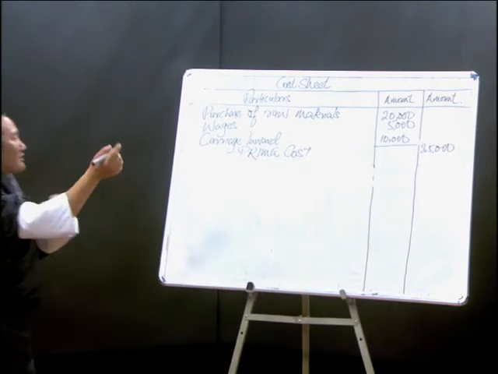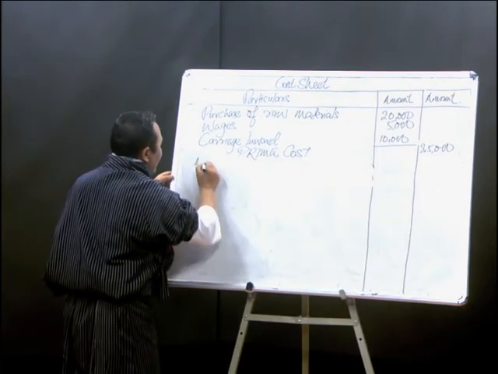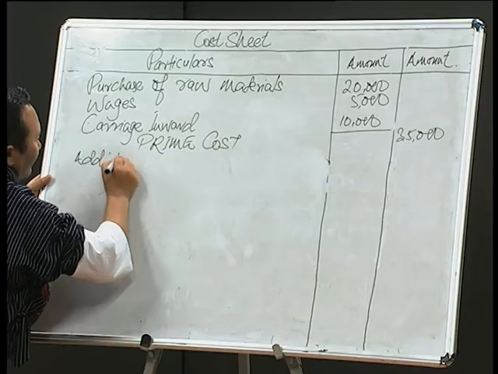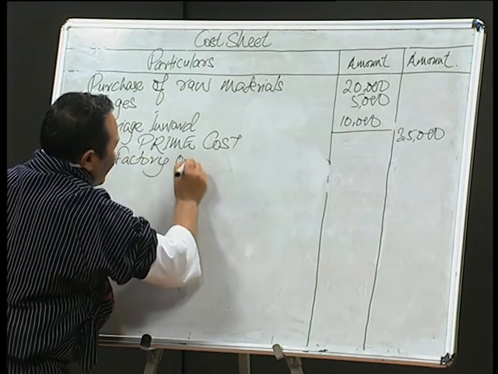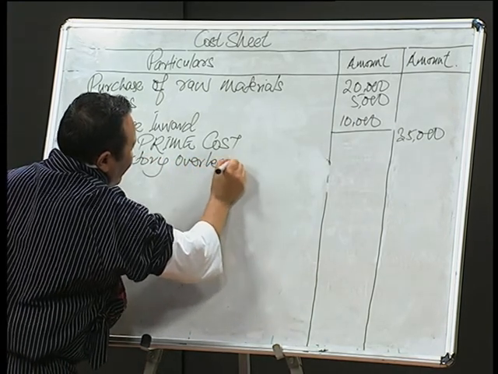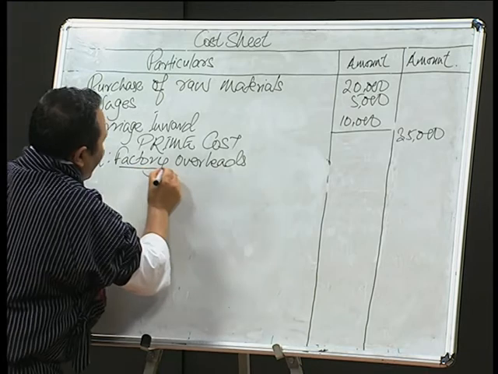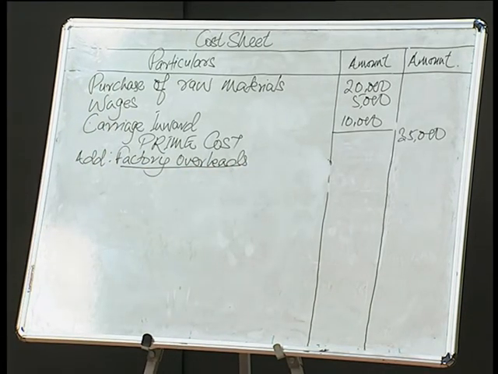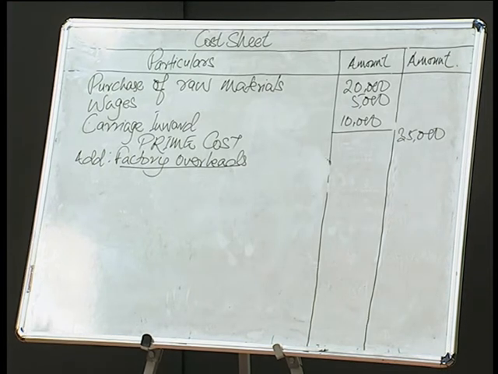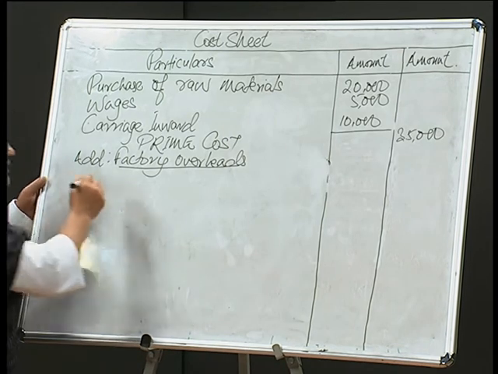On prime cost we add factory overheads. Do we have factory overheads? Yes, we have factory rent and lubricants. Lubricants are items related to the machine or the plant, so they are also considered items of factory overhead.